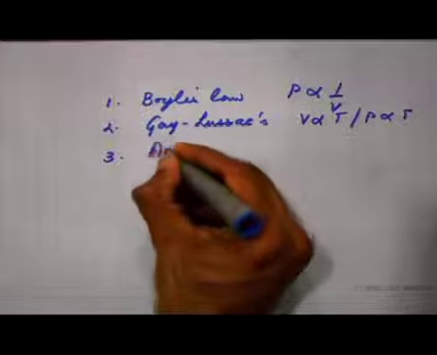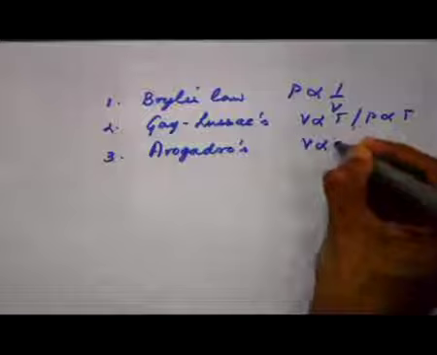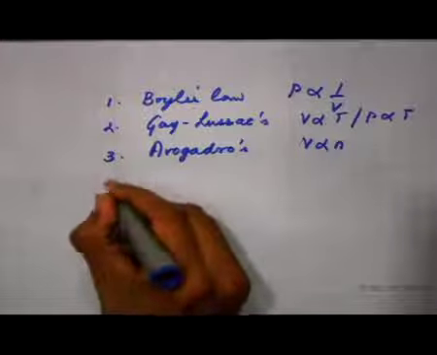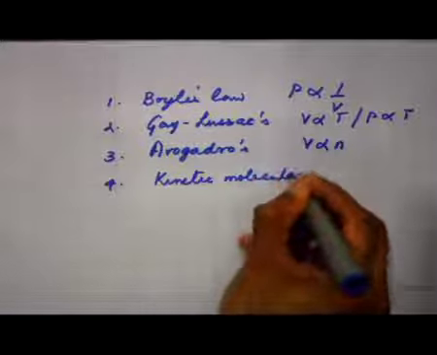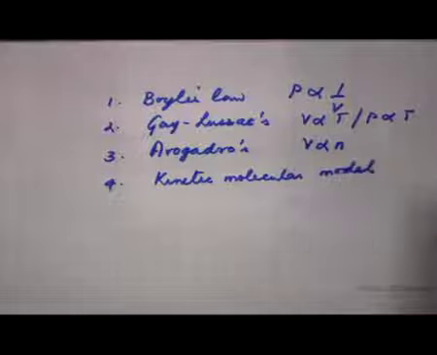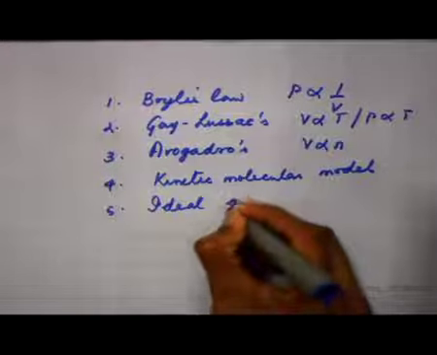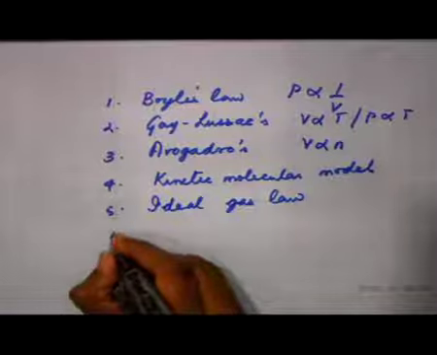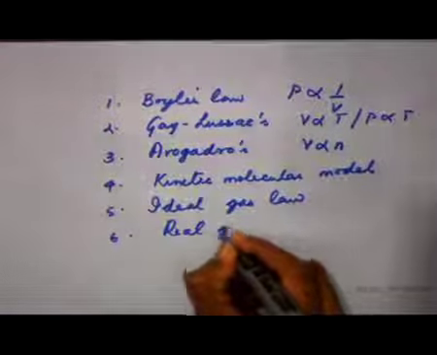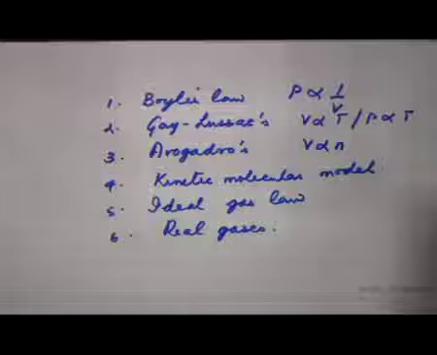Then we had Avogadro's hypothesis, which gives V is proportional to N, and we discussed the kinetic molecular model, and we introduced the ideal gas equation of state and showed how to use the ideal gas law for various computations, and finally looked at real gases. Okay, so, these are some of the things that we have looked at in gases.